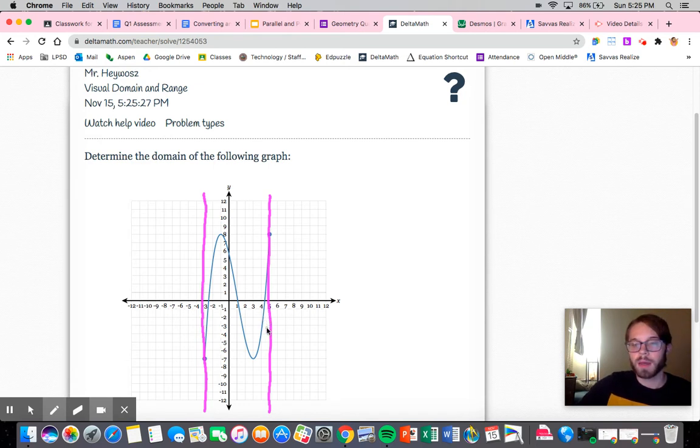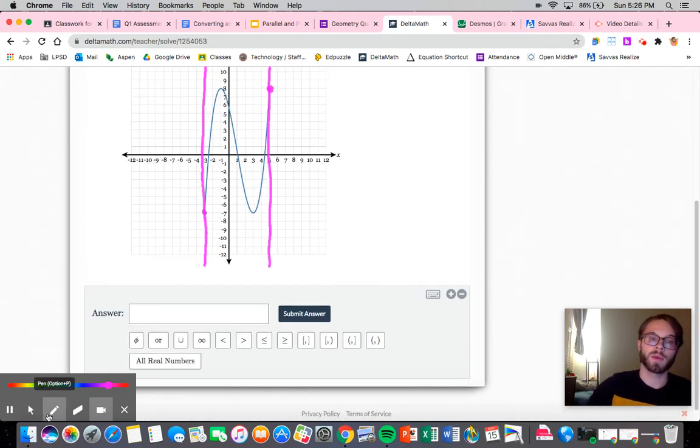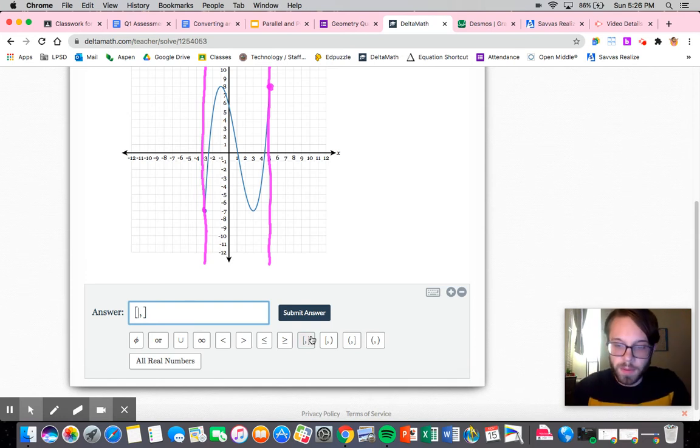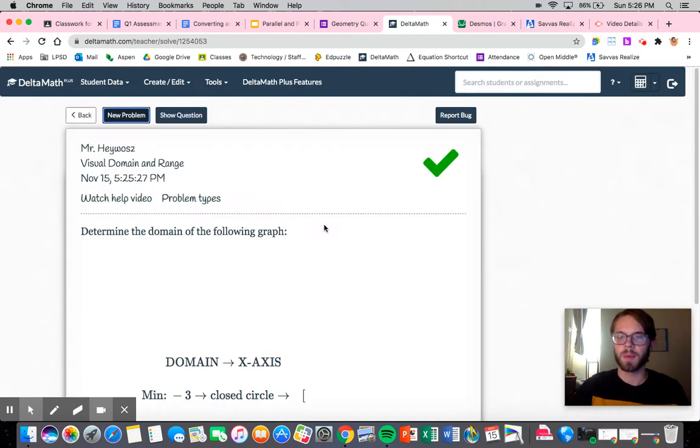And what exactly are we doing with this? Again, they are both closed circles. Both closed circles. So therefore, we do have to use two brackets. So we go from -3 over to 5. There you have it.